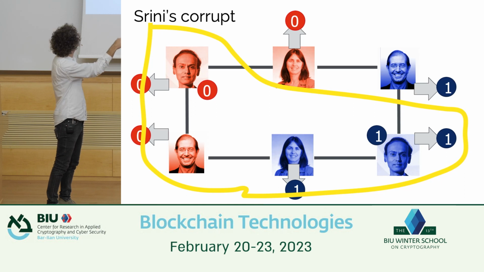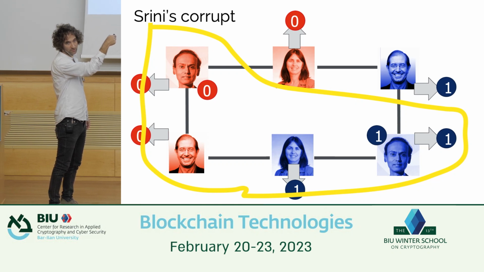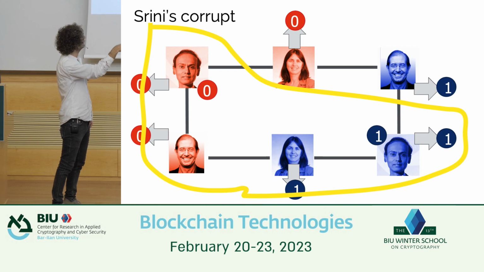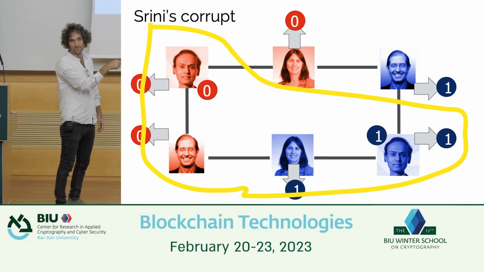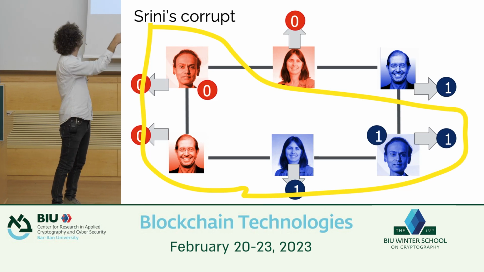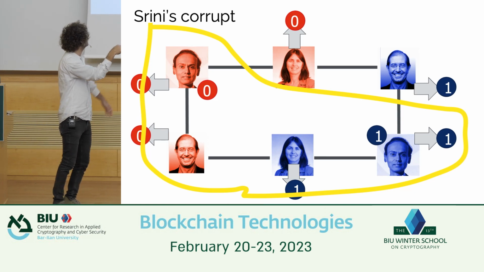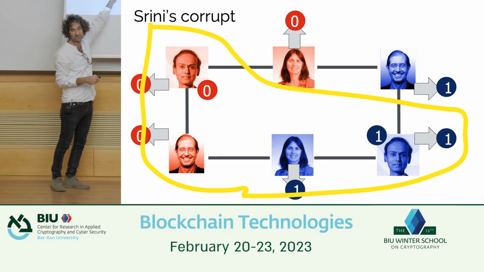From their point of view, they're considering an honest execution where Srini is providing input 0, a transaction 0, and just Shafi is sending some confusing messages. Because they're both honest, we conclude that Silvia needs to output transaction 0. Okay?